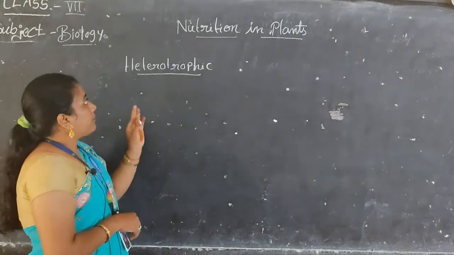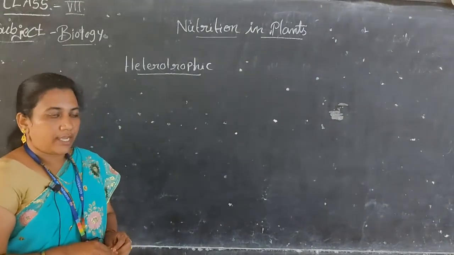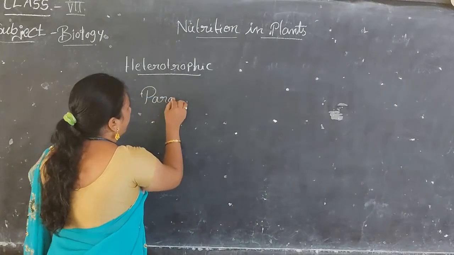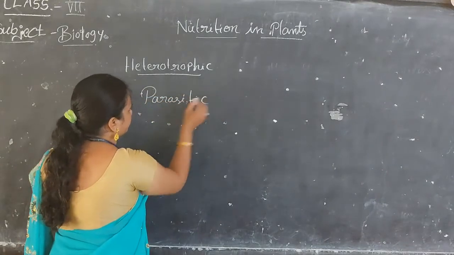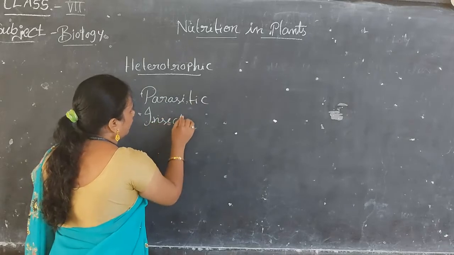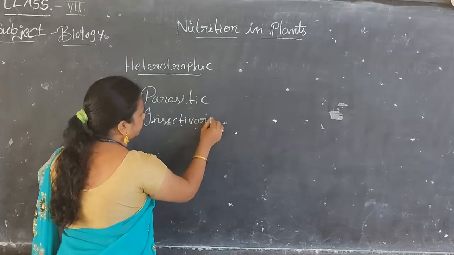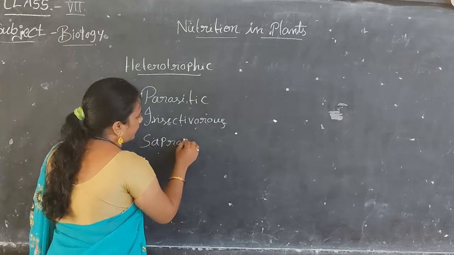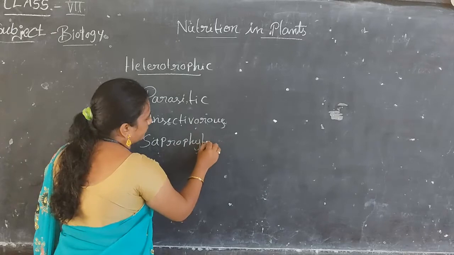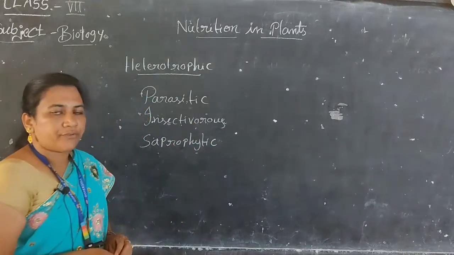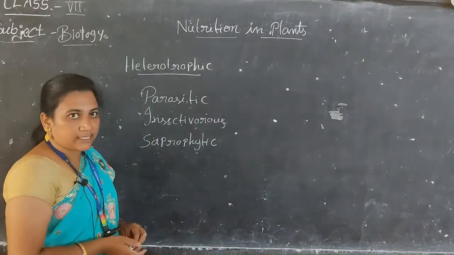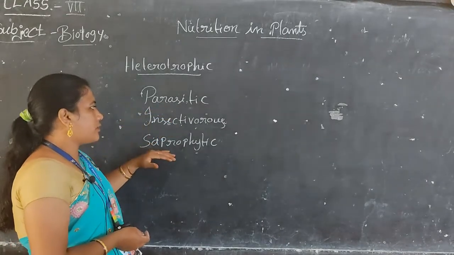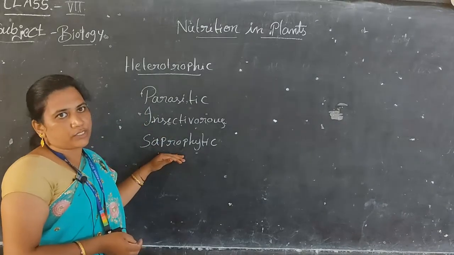In the heterotrophic mode of nutrition, there are three types of nutrition: parasitic nutrition, insectivorous nutrition, and saprophytic nutrition.